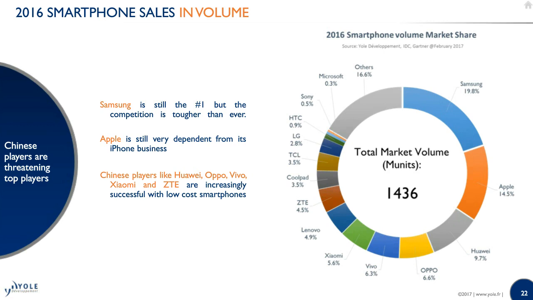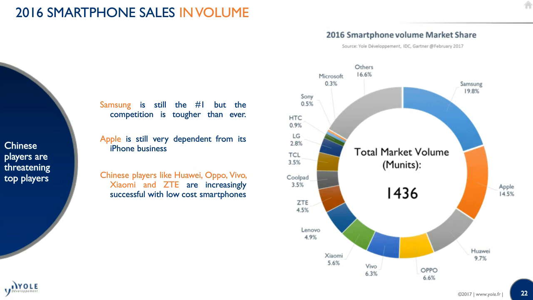We anticipate the overall shipment of smartphone last year was something close to 1.4 billion units. Apple would be second, Huawei would be third, with a lot of Chinese players, Oppo, Vivo, Xiaomi, ZTE. Okay, so it's a dynamic market, Samsung getting the majority of the market share.